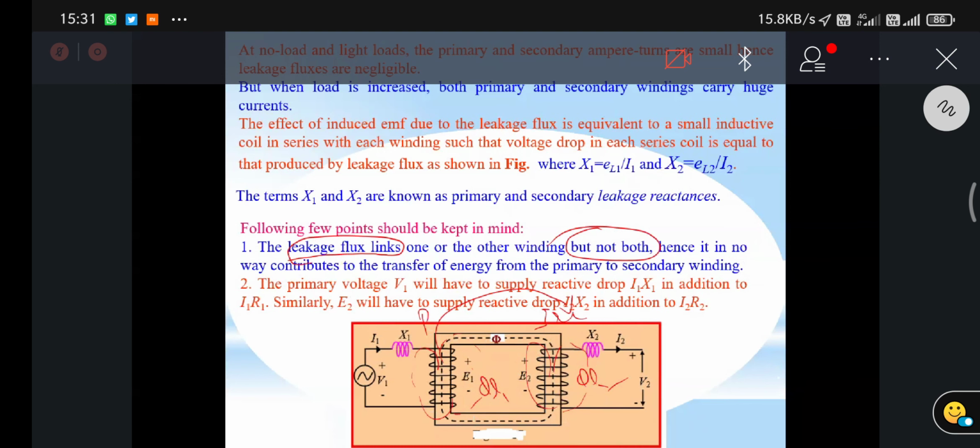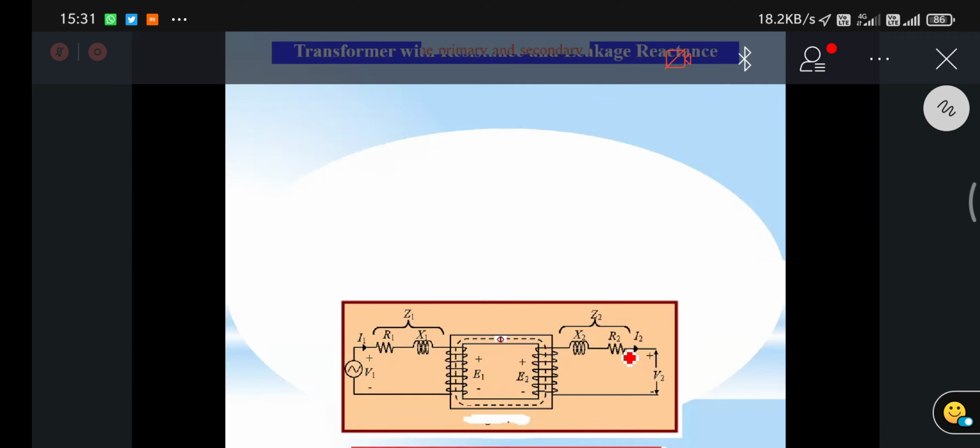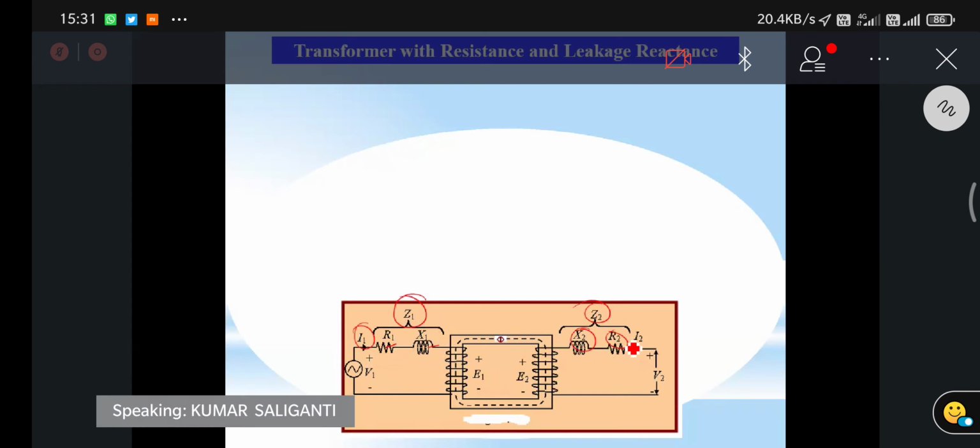So the primary voltage V1 will have to supply the reactive drop I1 X1 in addition to I1 R1. Similarly, E2 will have to supply the reactive drop I2 X2 in addition to I2 R2. Now in the previous case you get R1, X1 and Z1, and here R2, X2 and Z2, with I1 and I2 when the load is connected.